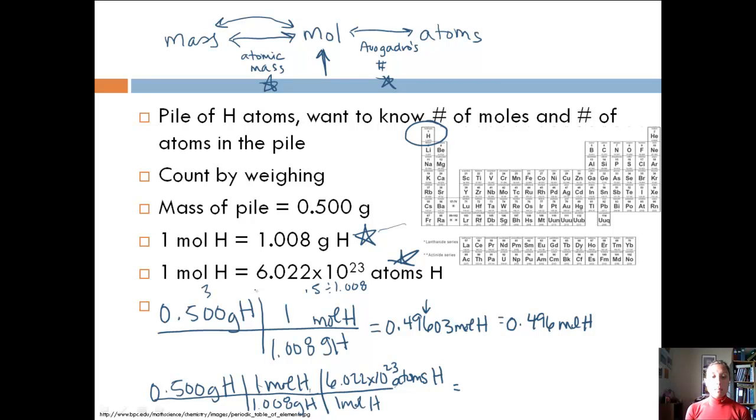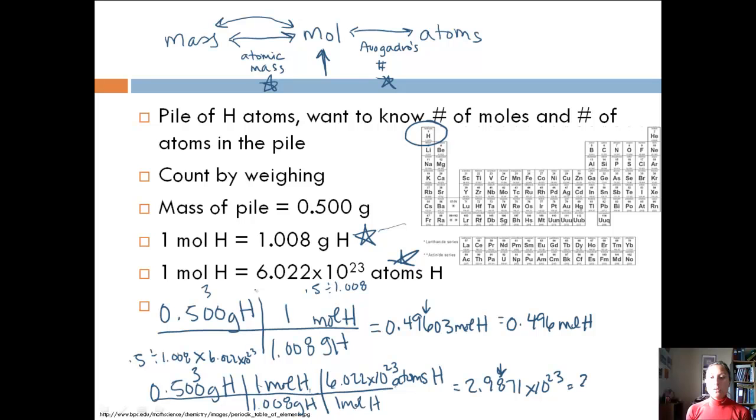And so if I take 0.5 divided by 1.008 times 6.022 times 10 to the 23rd, that should give me my answer. If I do all that, I get 2.9871 times 10 to the 23rd. I have 3 significant figures in my problem, so I want 3 in my answer.